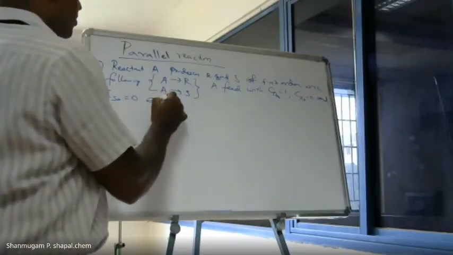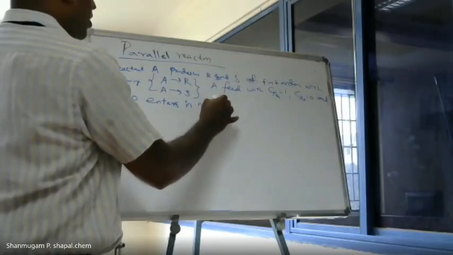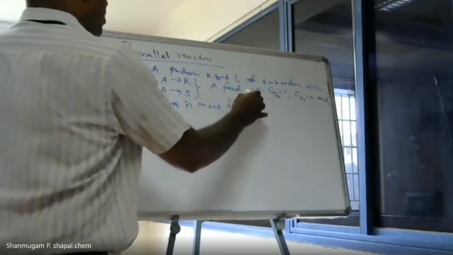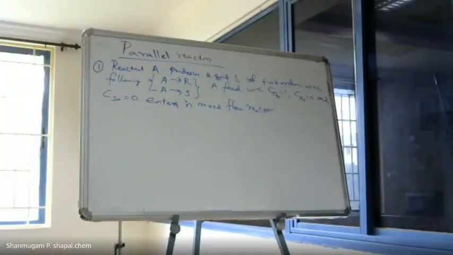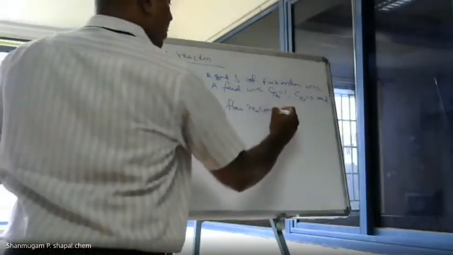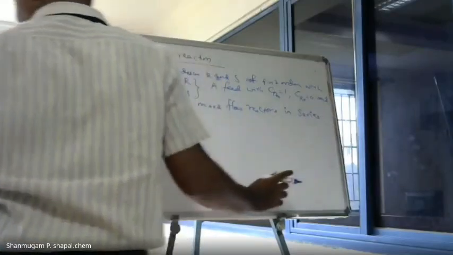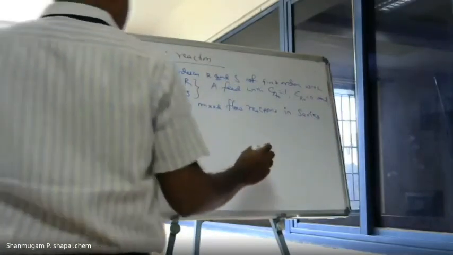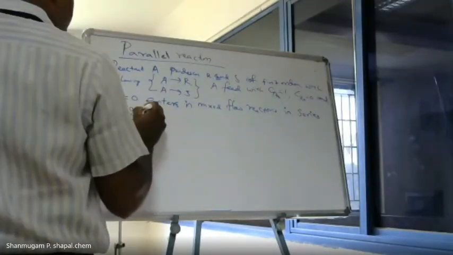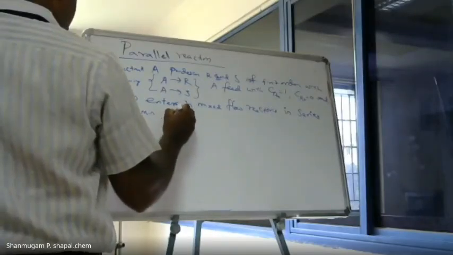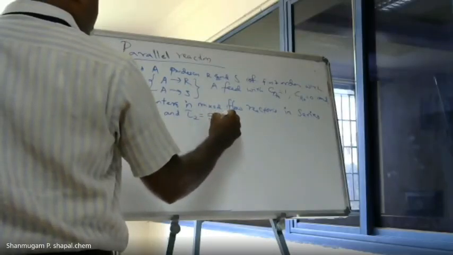It enters mixed flow reactors in series, with tau 1 equal to 2 minutes and tau 2 equal to 5 minutes.